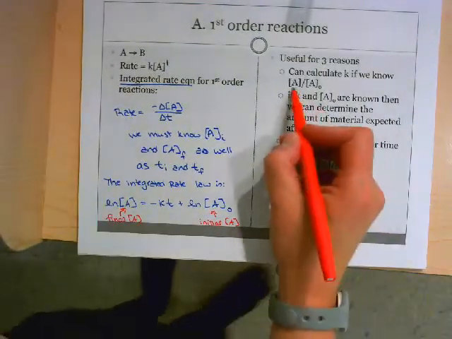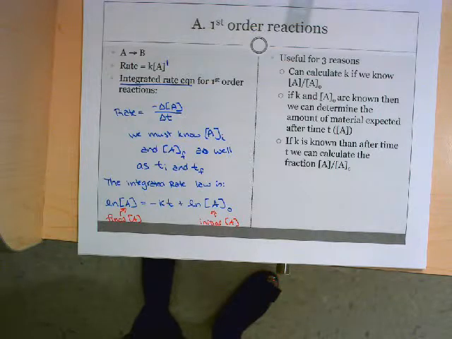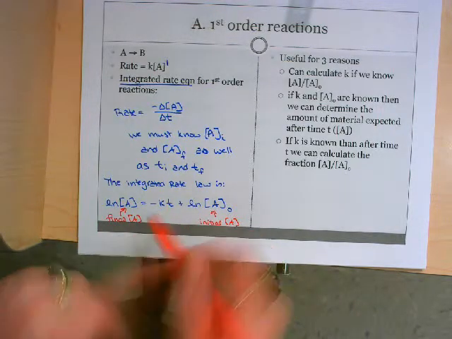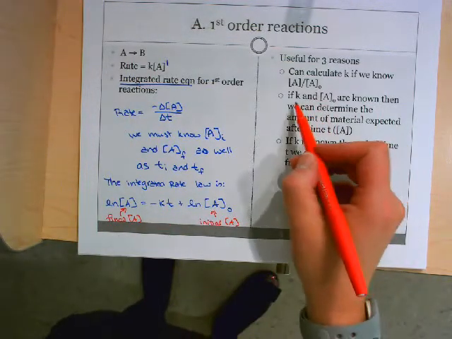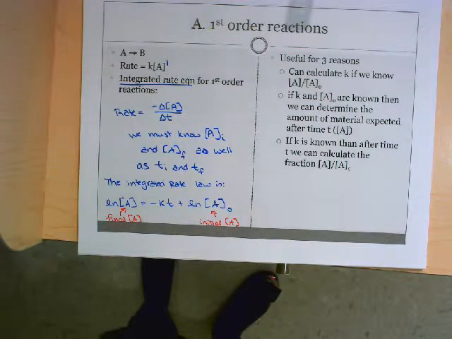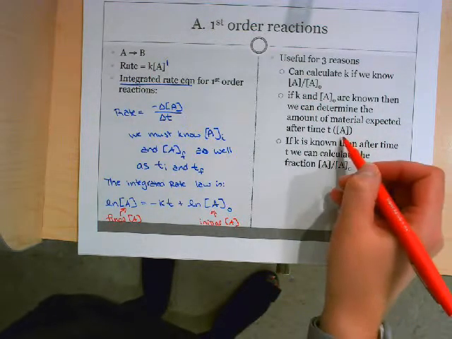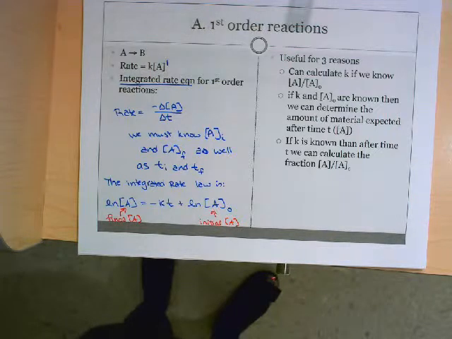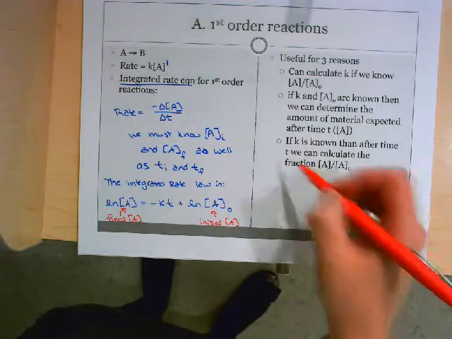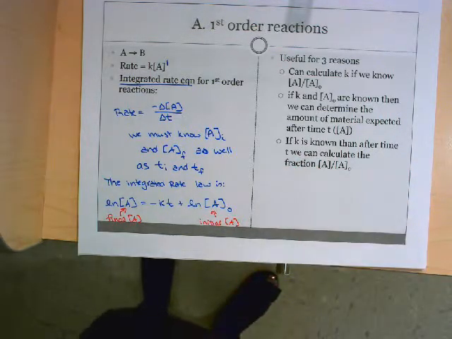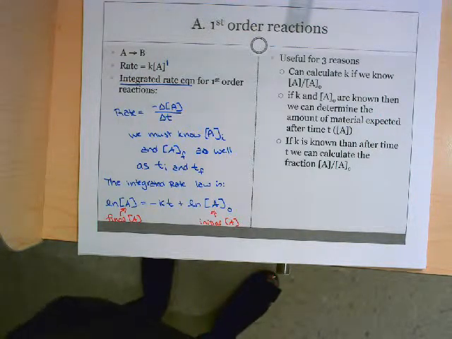If you know the ratio of concentrations, initial and final, you could figure out K. If you know K and initial concentration, you know how long to wait to get to the amount you want. Or if you know K and you know T, you can figure out the ratio of concentrations.